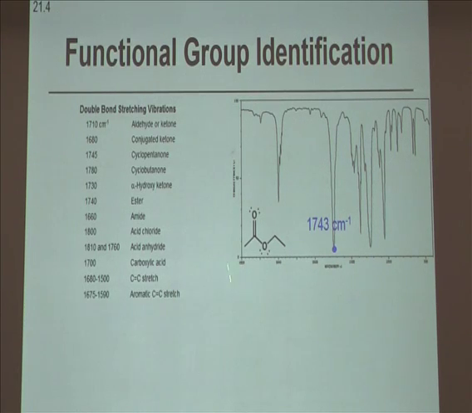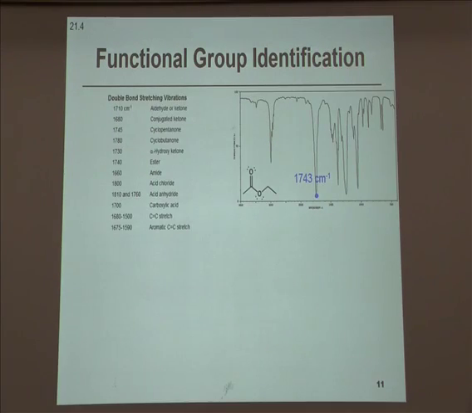We have ethyl acetate over here on the right and its IR spectrum. There's a really intense signal in the double bond region at 1743 wave numbers, which corresponds very well to the standard 1740 of a carbonyl stretch for an ester, and so that fits with the pattern.